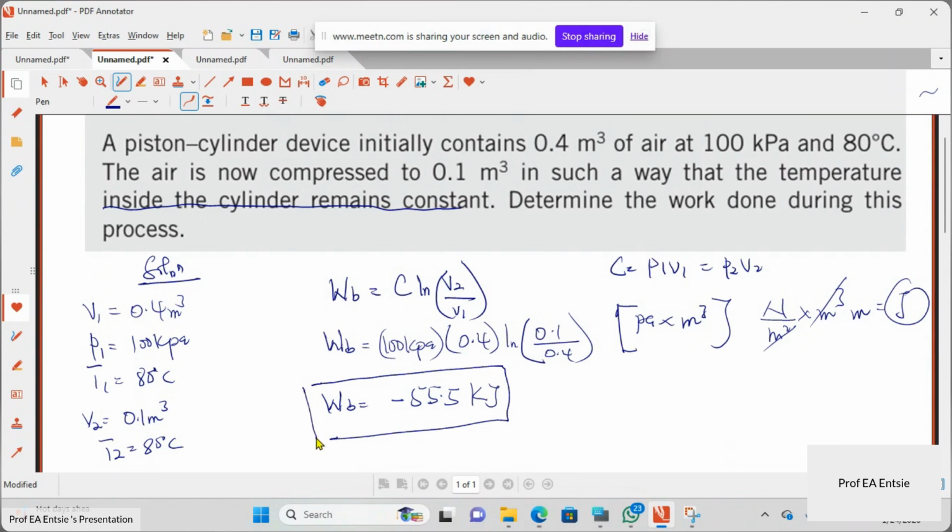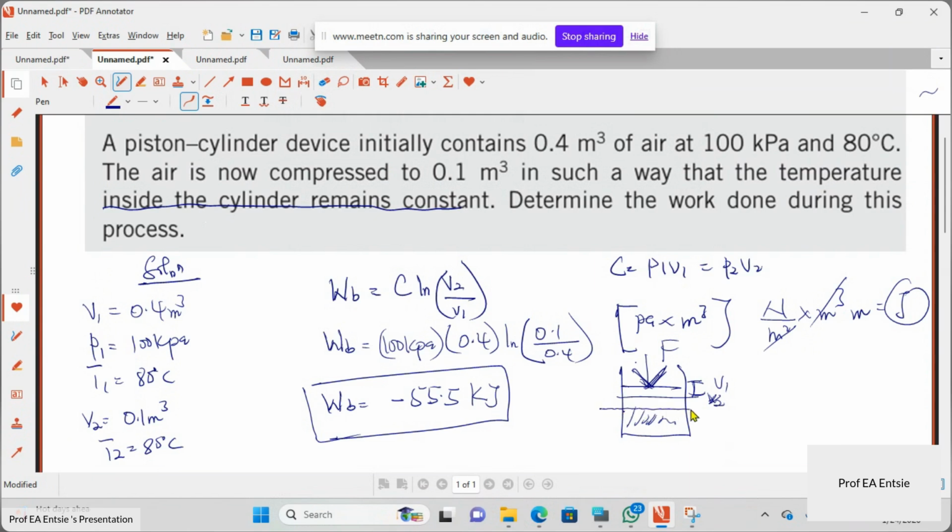So if you do everything right, you will end up with negative 55.5 kilojoules. And it's negative because work was done on the gas by the piston. So if this is the cylinder, here is the piston, the gas is inside here, we compressed it, force was pressed on it, so work was done through a certain volume change. V2 will be lesser.